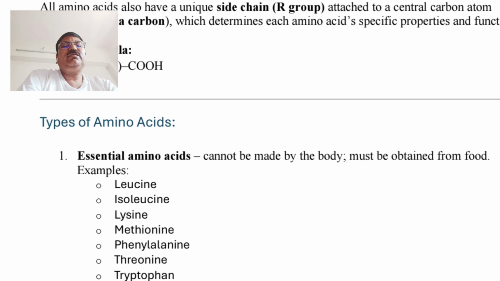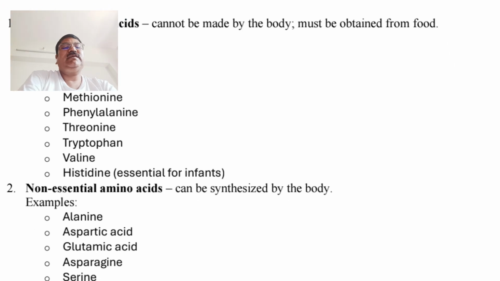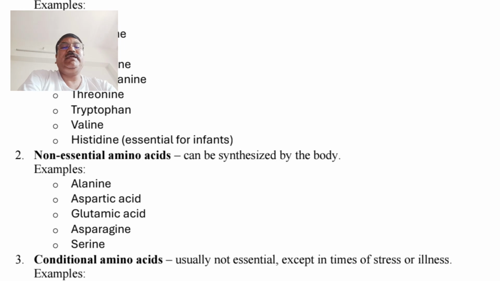Now, what are the sources of these alpha amino acids? Some alpha amino acids come under the class of essential alpha amino acids, which are not made by the body, but are obtained from food, and these are leucine, isoleucine, lysine, like this. Essential ones are obtained from food; non-essential ones can be synthesized by the body, that is alanine, aspartic acid, glutamic acid.